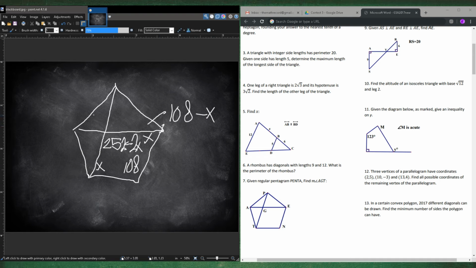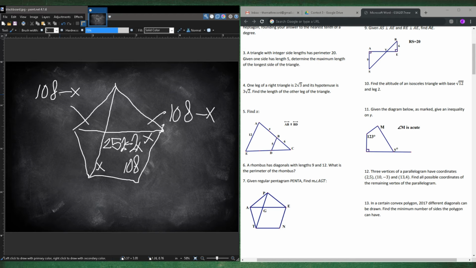And since this is 108 minus x, this is also 108 minus x because these two side lengths are the same, so it's isosceles.